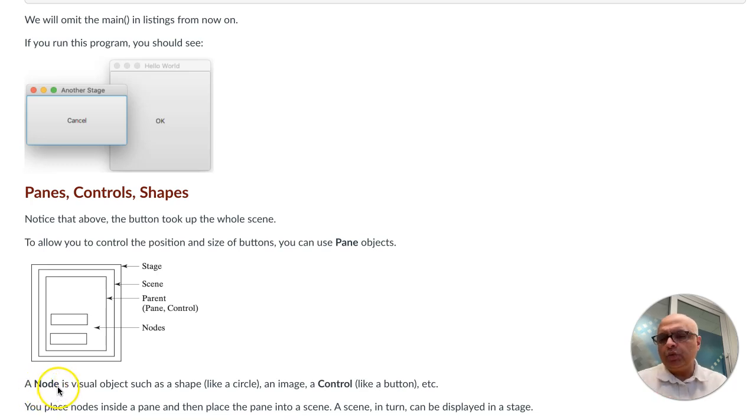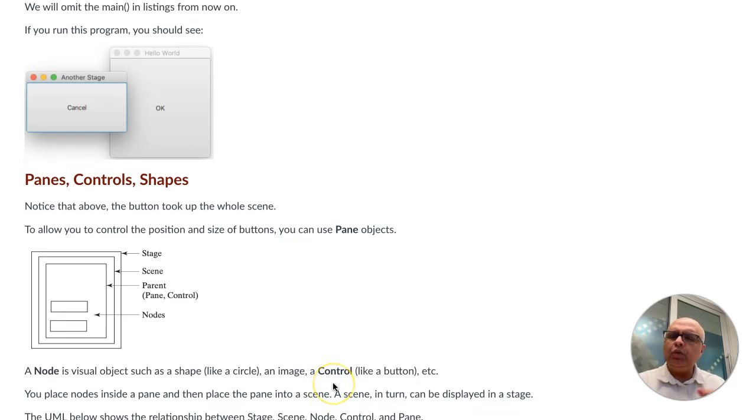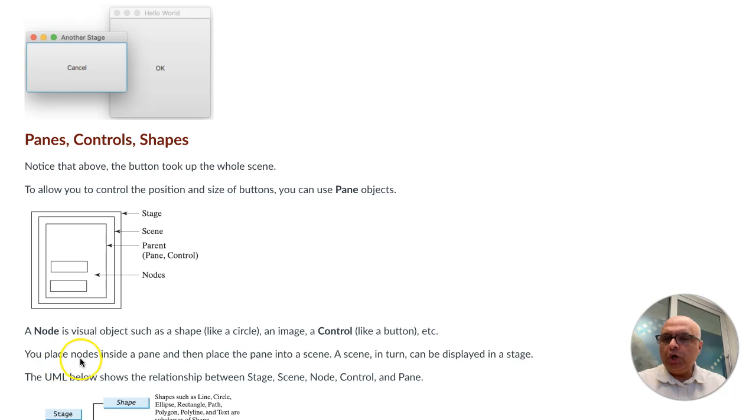A node is a visual object, such as lines and circles and rectangles, or it could be an image as a picture, or it could actually be a UI control, such as a checkbox or a button that we are kind of used to using, right? So you place nodes inside a pane. I talked about what a node is.